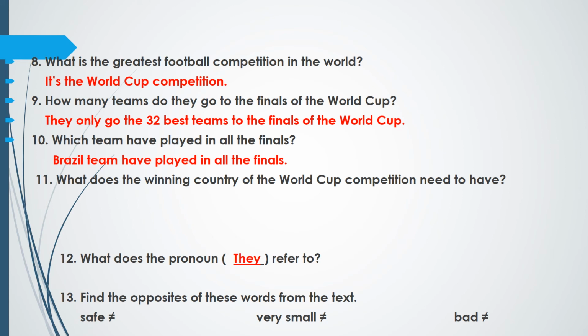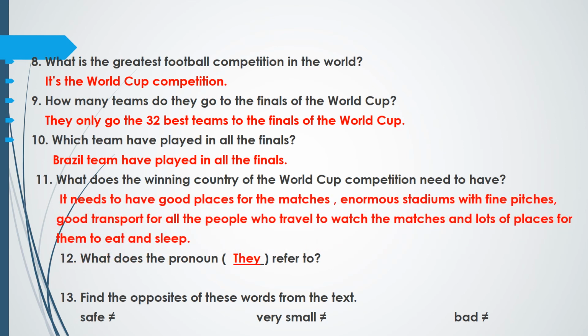Number 11. What does the winning country of the World Cup competition need to have? It needs to have good places for the matches, enormous stadiums with fine pitches, good transport for all the people who travel to watch the matches, and lots of places for them to eat and sleep.